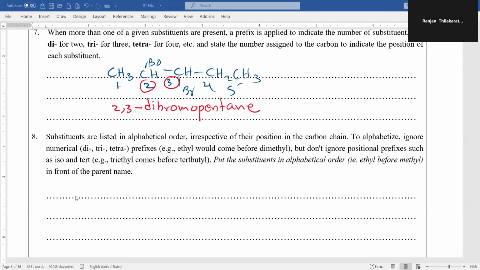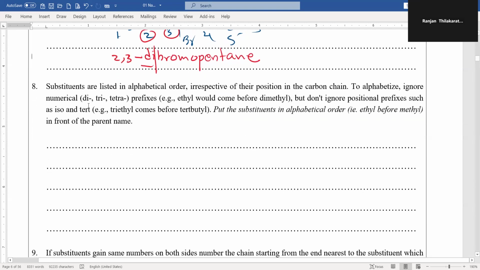Therefore, we don't use them when we consider this alphabetical order. Right? Bromo, it is B, not D. Dibromo, the starting letter is B, not D. Di, tri, tetra will not be considered.